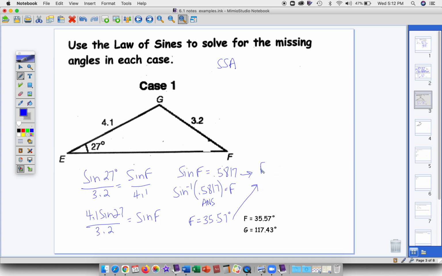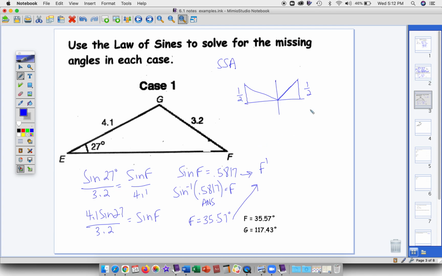I'm going to call this one F prime. If you remember from our unit circle, the sine of an angle is the same as the sine of its supplement. So for instance, if we think about 30 degrees, the sine of 30 degrees is a half. The sine of 150 is also a half.